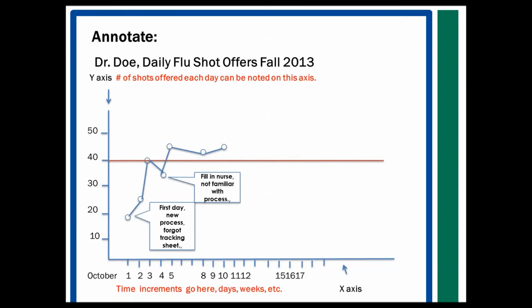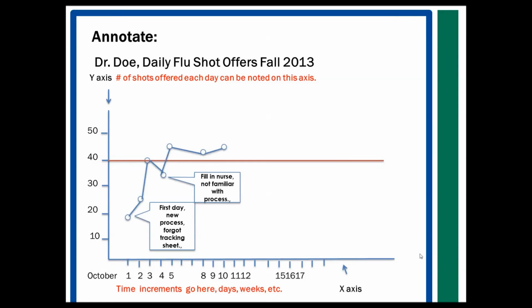And we've annotated. So when we looked at it, we did poorly at the beginning, the very first day, and it was a new process, and we forgot to make up a tracking sheet, and so things got all messed up, and that's why we didn't do very well. Then we started doing a little better, but somebody was sick, and we called in one of our part-time fill-in nurses and didn't tell her about the new process.